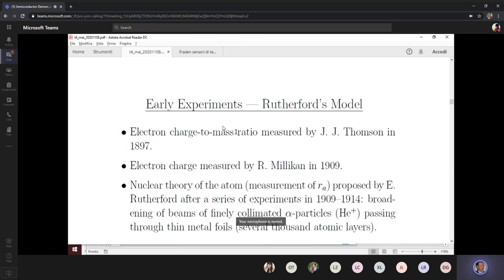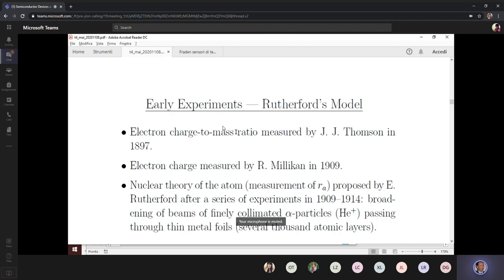And other experiments, essentially the experiments by Rutherford that were carried out between 1909 and 1913, showed that actual matter is essentially empty.